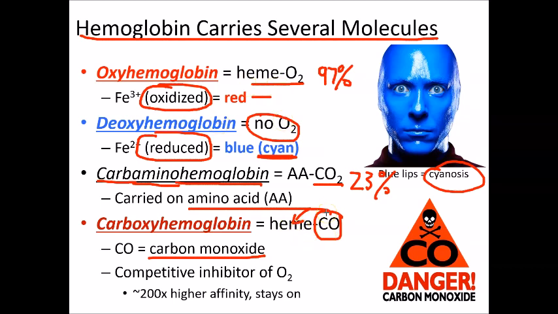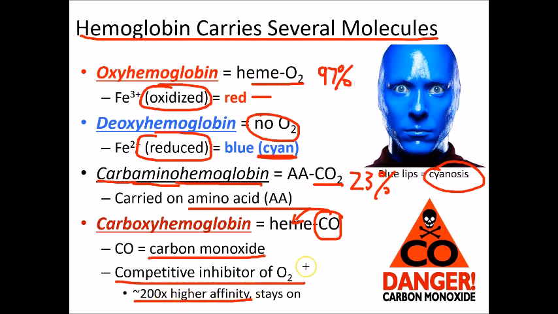There's only one spot to bind on the heme, and if carbon monoxide binds, then we can't bind oxygen. So it's basically a competitive inhibitor of oxygen. Now, one of the problems is it has a really high affinity, about 200 times the affinity for heme that oxygen does.